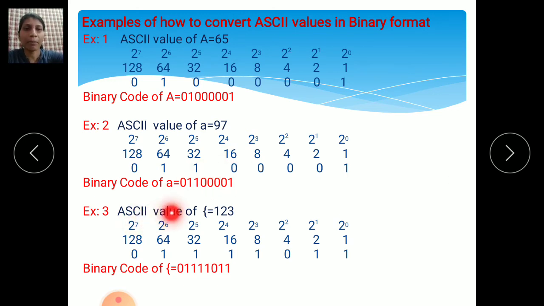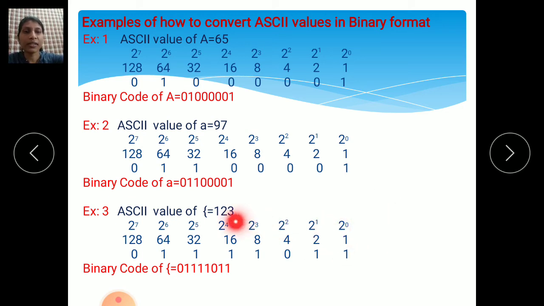Then example 3. ASCII value of curly brace, meaning opening curly brace, the left curly brace. The left curly brace value is 123. How can we convert this 123? So write down 2 raised to 7, 2 raised to 6, 2 raised to 5, 2 raised to 4, 2 cube, 2 square, 2 raised to 1 and 2 raised to 0. So 128, 2 raised to 6 is 64, 2 raised to 5 is 32, 2 raised to 4 is 16, 2 cube is 8, 2 square is 4, 2 raised to 1 is 2, 2 raised to 0 is 1.